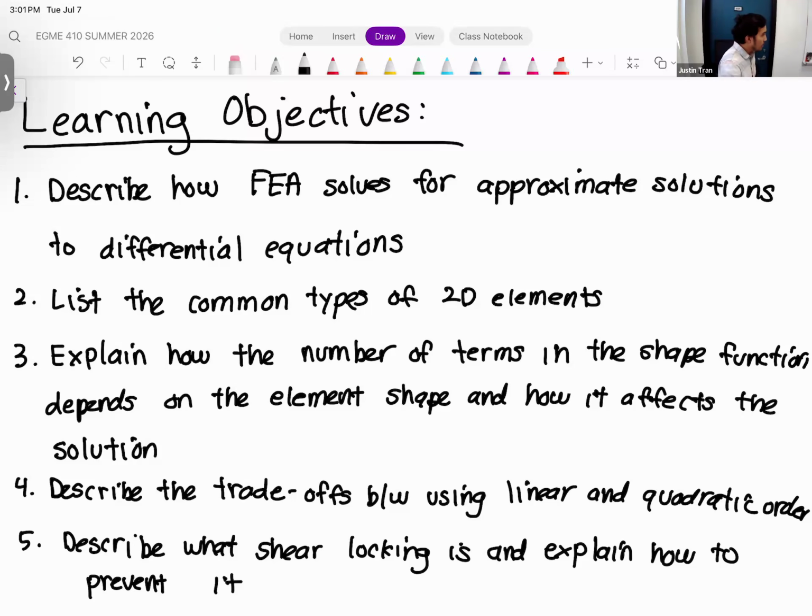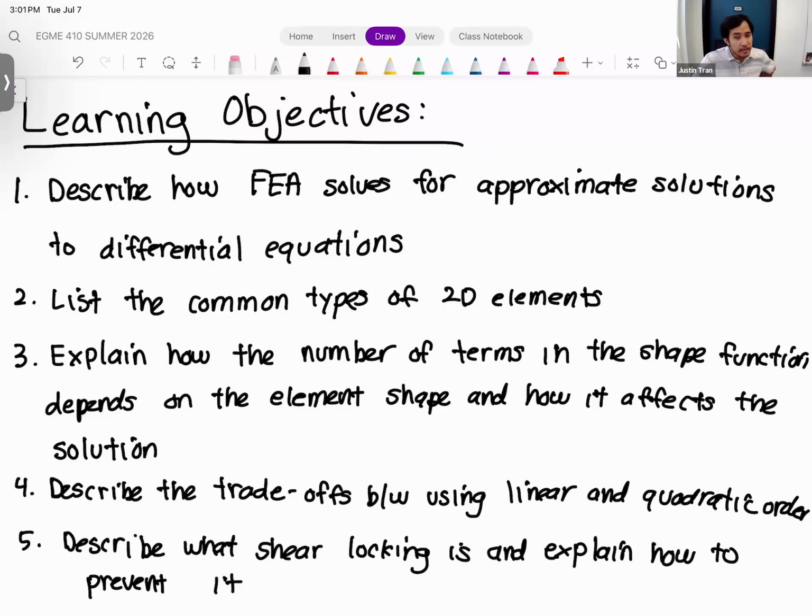Besides that, activity 1 was due on Sunday, so I haven't gotten around to grading it yet. I've been busy with other stuff. I do plan on grading that sometime tomorrow. Activity 2, just be aware it is a very quick turnaround because I don't want too many assignments overlapping.